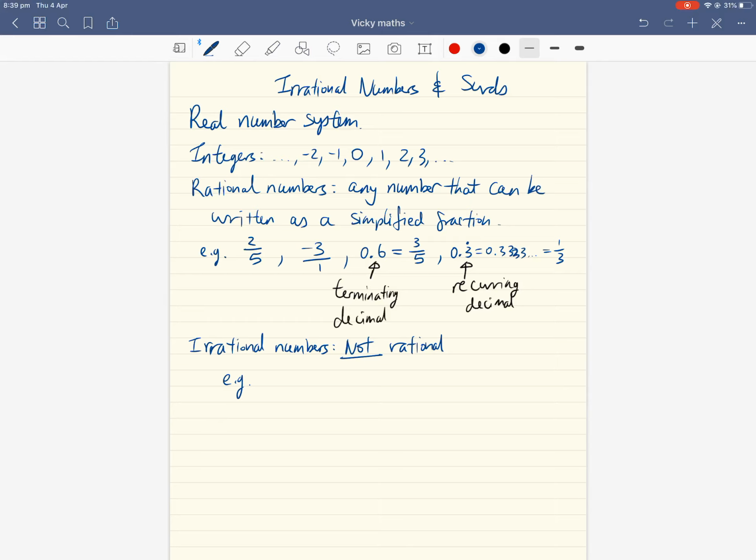So some classic examples of irrational numbers is √2. If you put it in a calculator, it's a decimal that never ends. Another classical example is our buddy pi relating to circles.